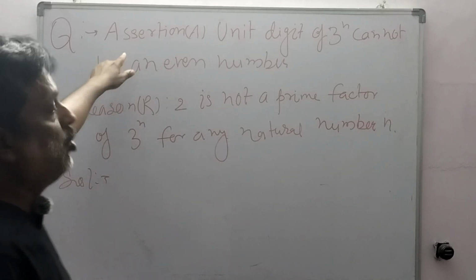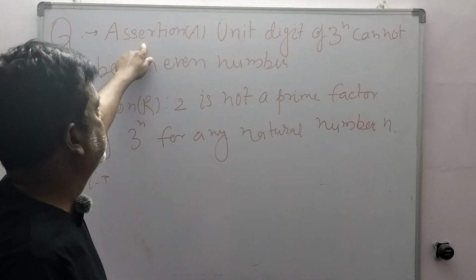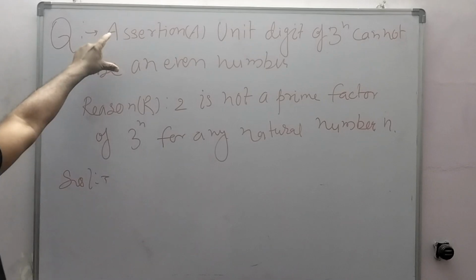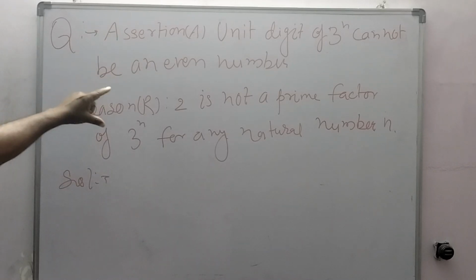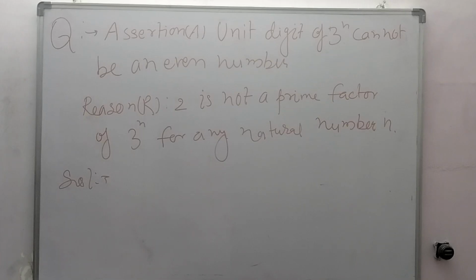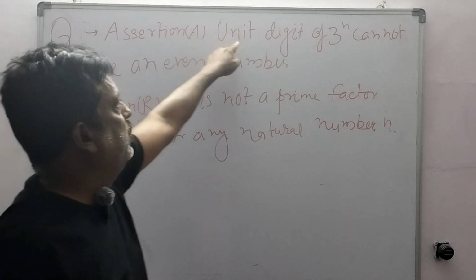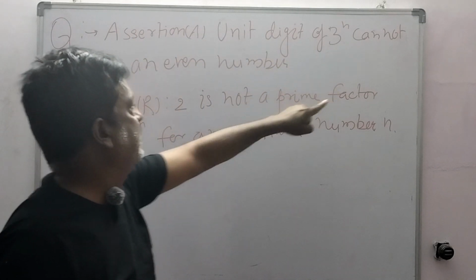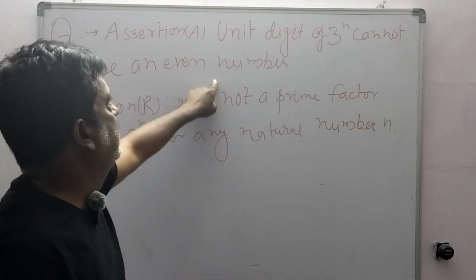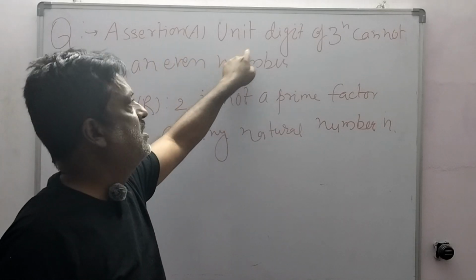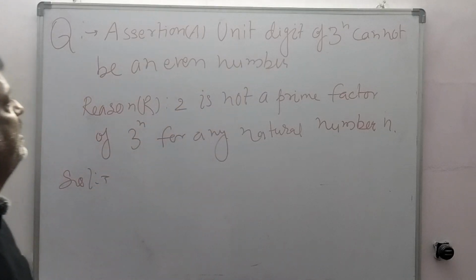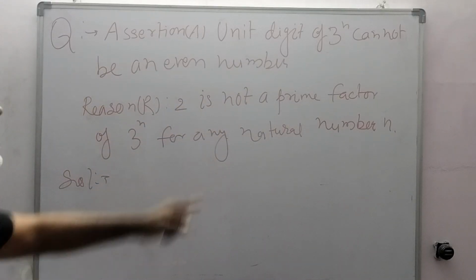Next is a very important question, friends. Assertion and reason is given, and according to the assertion and reason we have to choose options. Simply, we have to know only the answers first, after that I will explain the options. Assertion: the unit digit of 3 to the power n cannot be an even number, where n is a natural number.